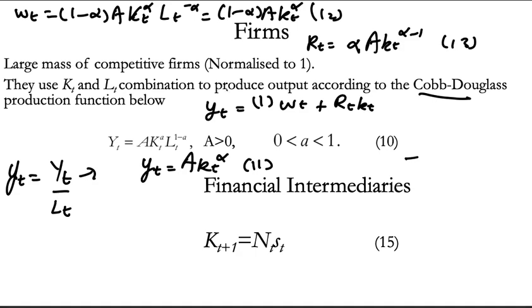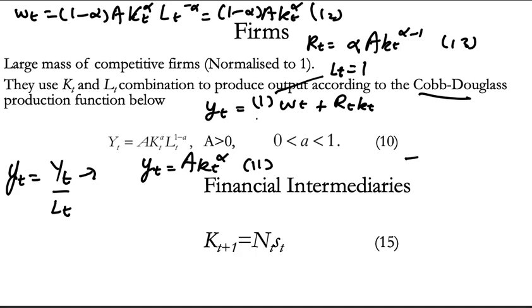So whatever is produced is exhausted by whatever is received by all the inputs of production.